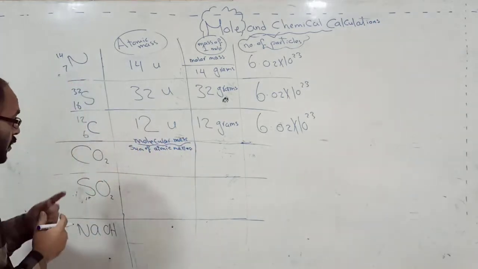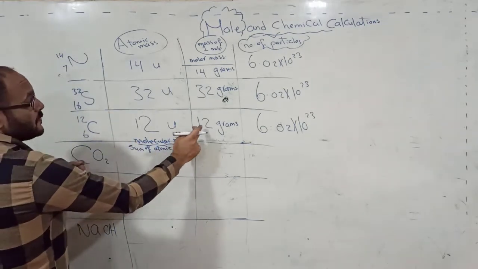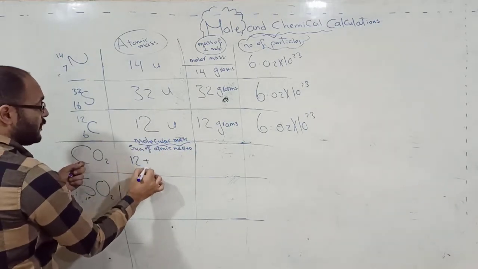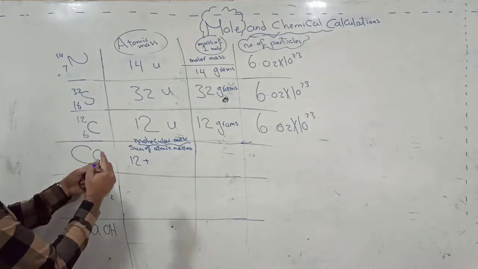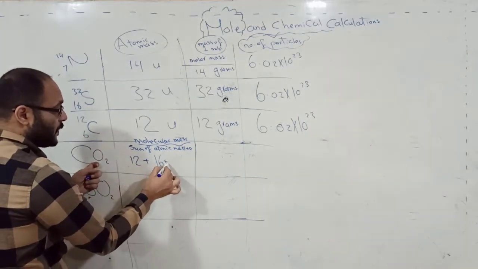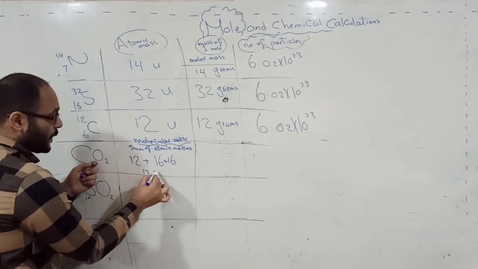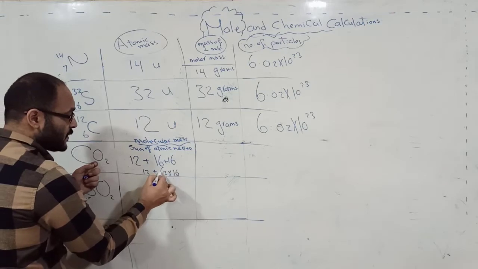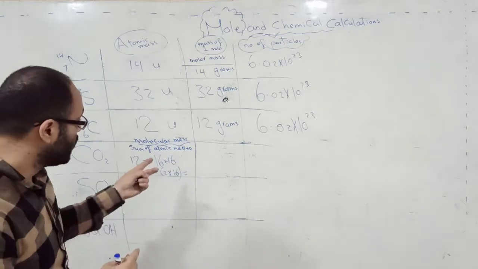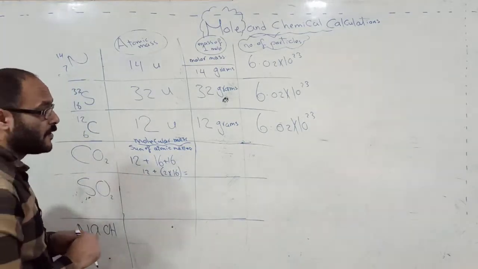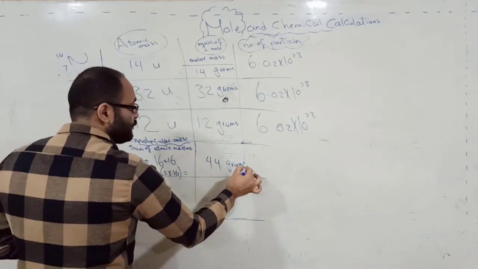Carbon is 12, plus we have 2 oxygen, each one 16, so 12 plus 2 times 16, which is 12 plus 32, equals 44 grams.